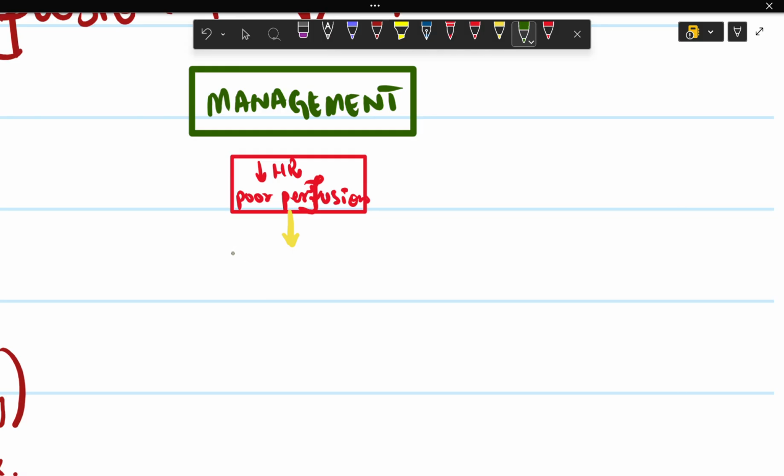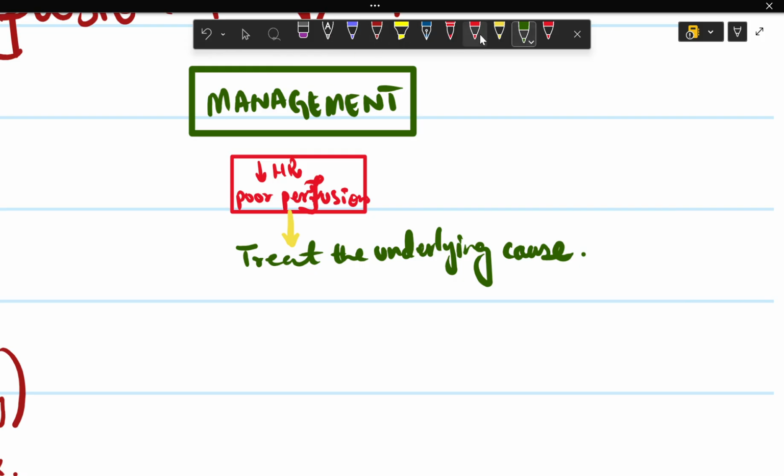Next step is to treat the underlying cause. Now, how would you treat the underlying cause?